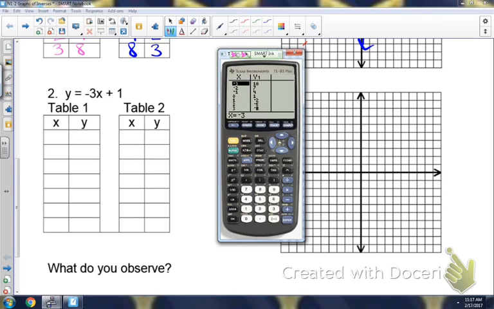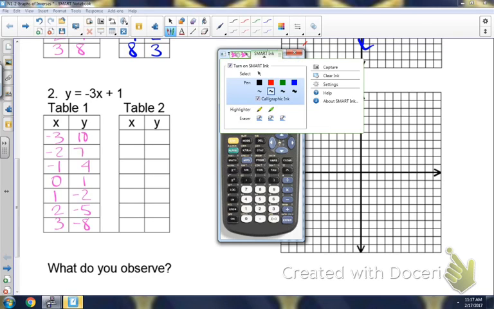Let's just go from -3 to 3. So -3, 10; -2, 7; -1, 4; 0, 1; 1, -2; 2, -5; and 3, -8. So we're going to go ahead and plot those points.